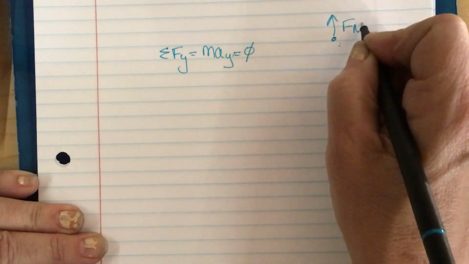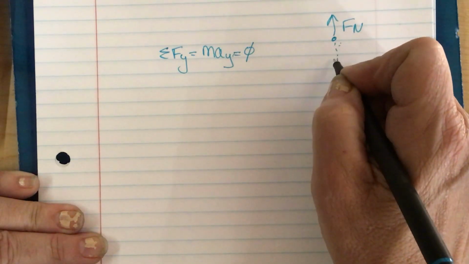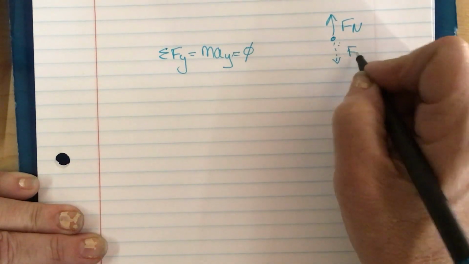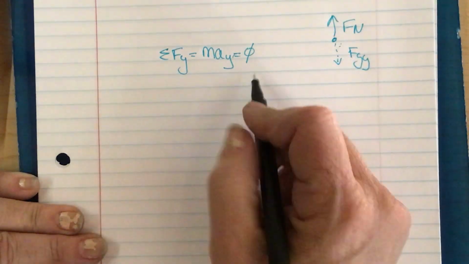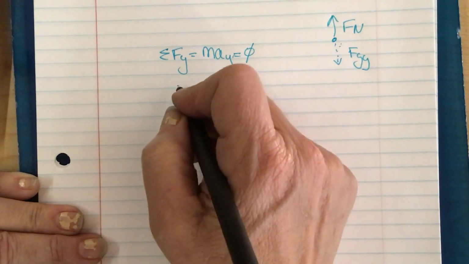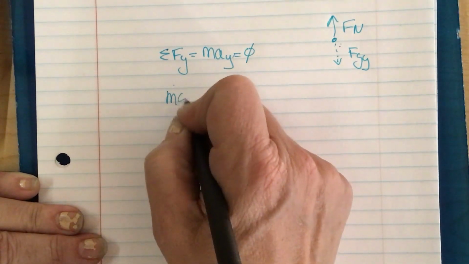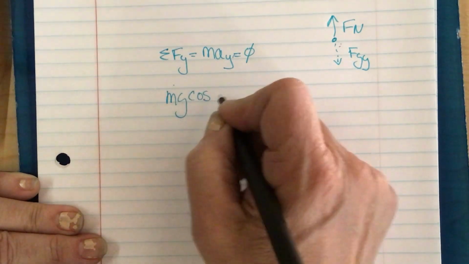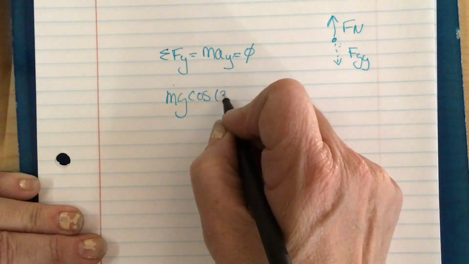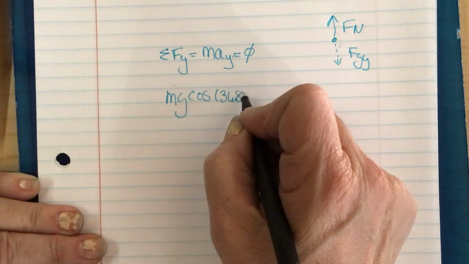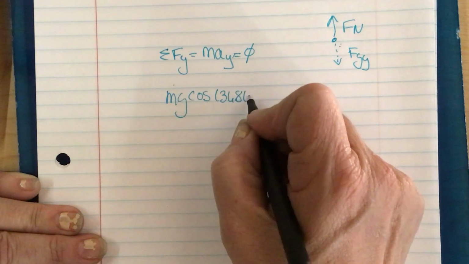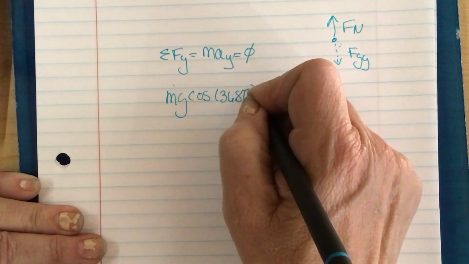Force normal, and then we need the y component of the force of gravity. So we'll substitute that in. We said that the y component was mg cosine, and we just calculated theta to be 36.8, did we say 6? Yeah, 86 degrees, 87, my mistake.